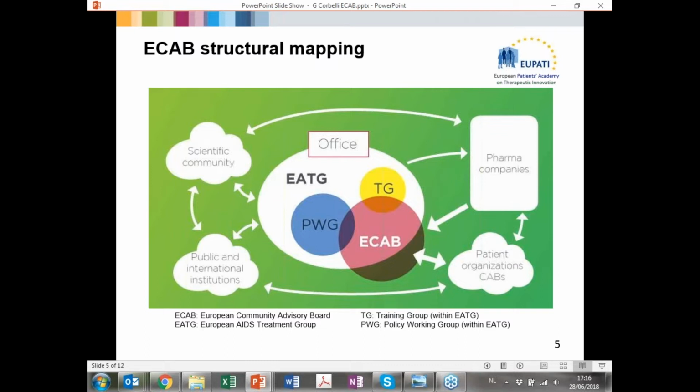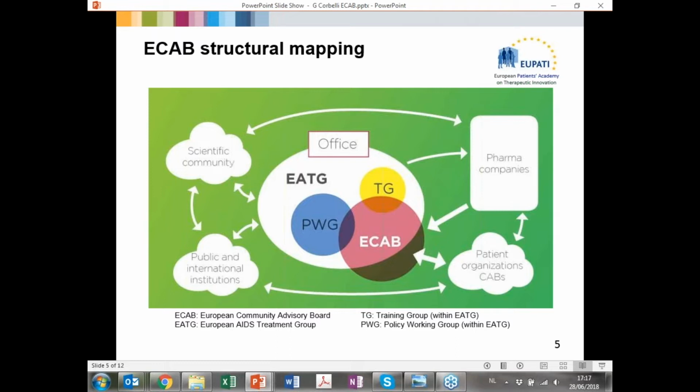Some EATG members may be members of Ecab, but also of other working groups. Also at Ecab, we have some people who are not members of EATG, because it's a more open European group to meet with stakeholders. And as you can see, Ecab can meet with pharmaceutical companies, but also with other patient organizations, CABs, or with public and international institutions, mainly through the EATG representatives there, and with the scientific community at large.